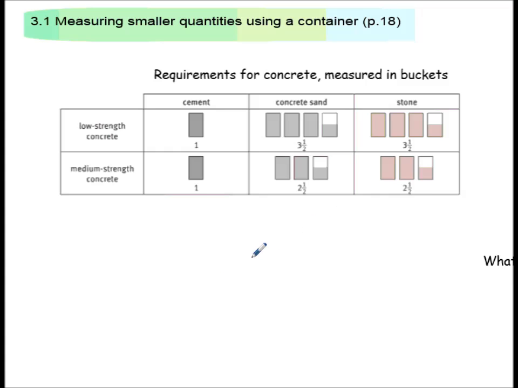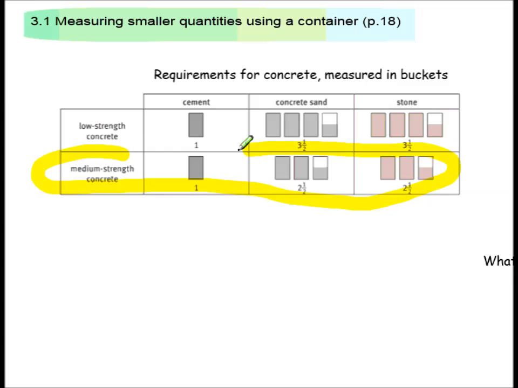We are measuring smaller quantities using a container, for example, a bucket or a spade, but you need to understand that if I'm using a bucket, I use a bucket to measure all 3 ingredients. So let's have a look, and in this case we are going to look at the medium strength concrete.